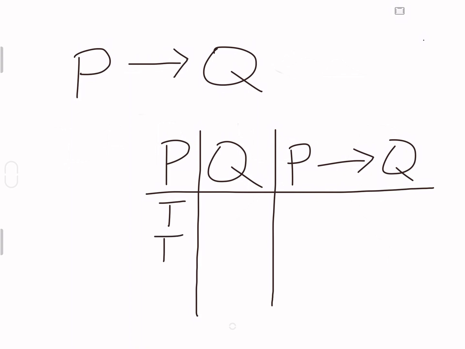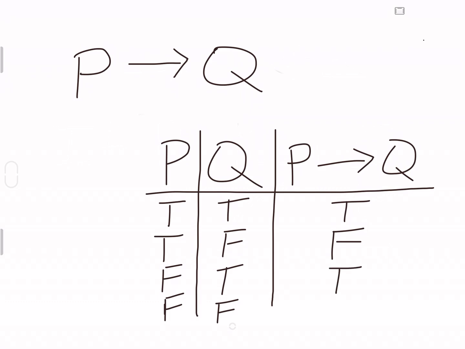True, true, false, false, true, false, true, false. And our definition is that the only time it's false is when we have true assumption and false conclusion. That's the only time that it's false.